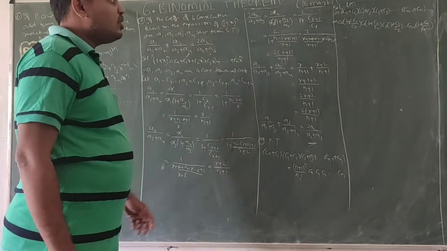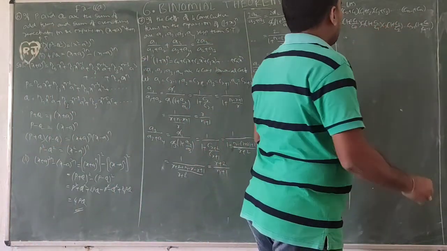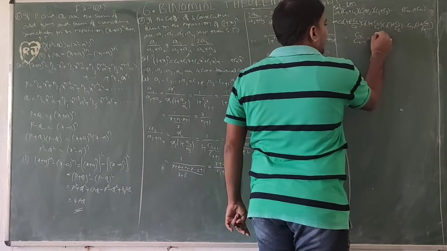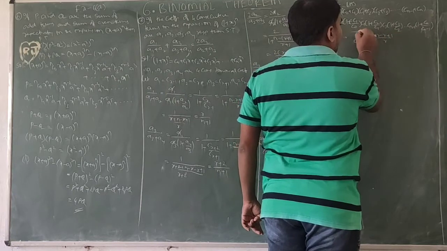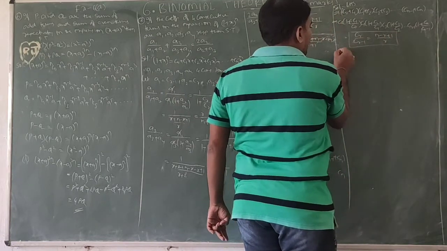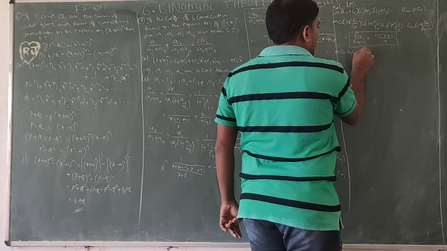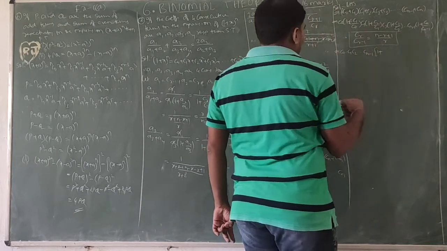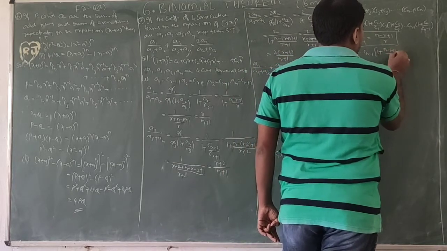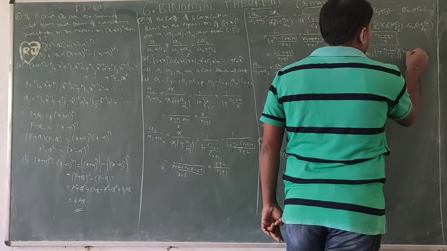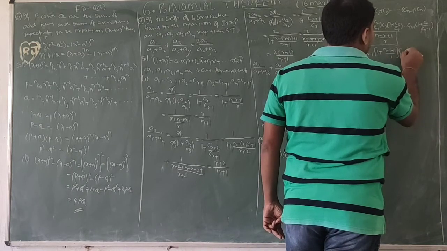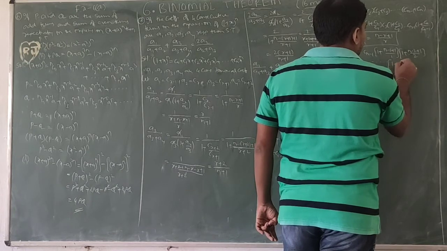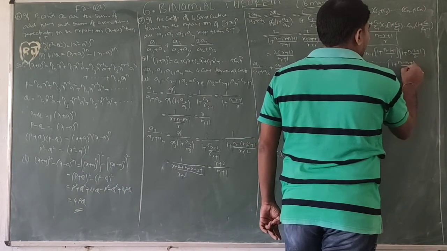Now I am taking all these one side. So before that, CR by CR minus 1 formula: n minus r plus 1 by r. This is the formula. So C0 C1 C2 up to so on Cn minus 1 into 1 plus n minus 1 plus 1 by 1, 1 plus n minus 2 plus 1 by 2, up to so on 1 plus n minus n plus 1 by n.